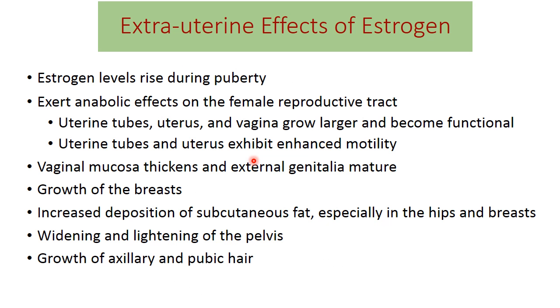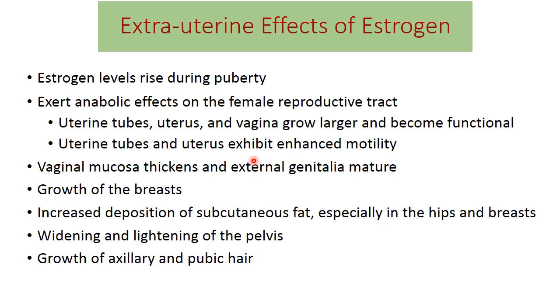Like testosterone, estrogen is an anabolic hormone, which means it builds things up in the body. As levels of estrogen rise during puberty, it will exert these anabolic effects on the female reproductive tract so that the different components of the female reproductive system become more functional and larger as well.